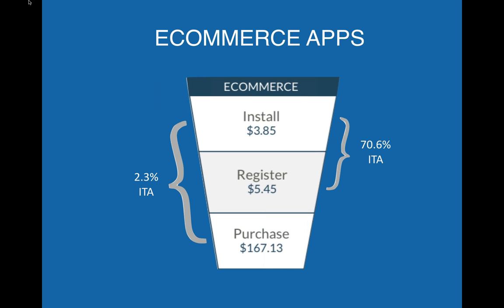For an e-commerce application, if you're selling a product that's of broad appeal and frequently purchased, then your CPA is going to typically end up being a lot lower than if you're a very niche fashion application with a very narrow audience.